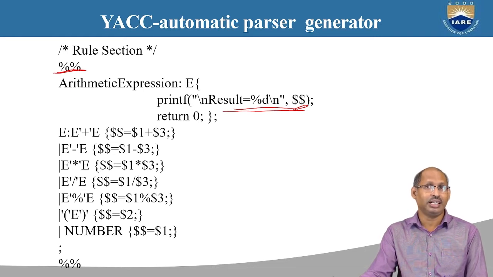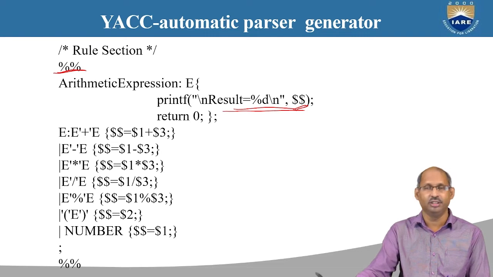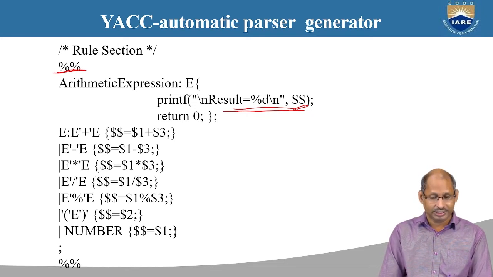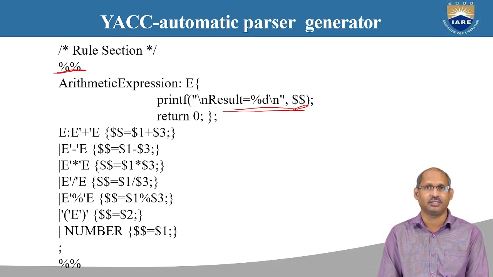The arithmetic expression E will give a printf statement, the result is %d \n, $$ return 0. The $$ is replaced with a value. That value is calculated from the below respective expressions.